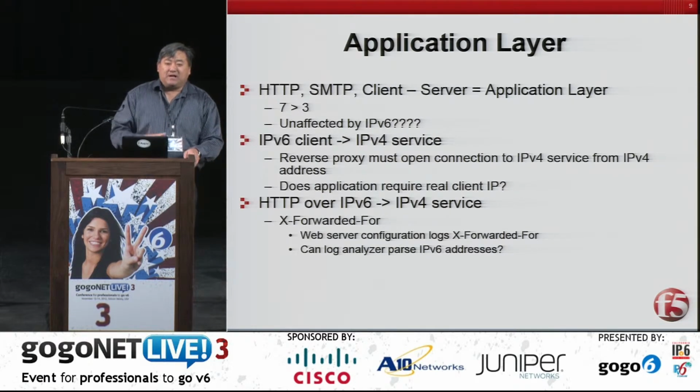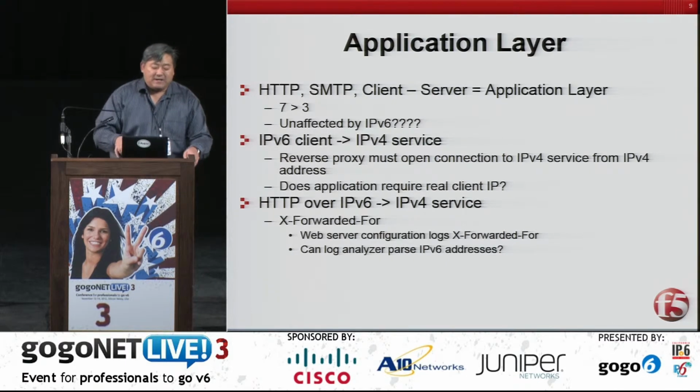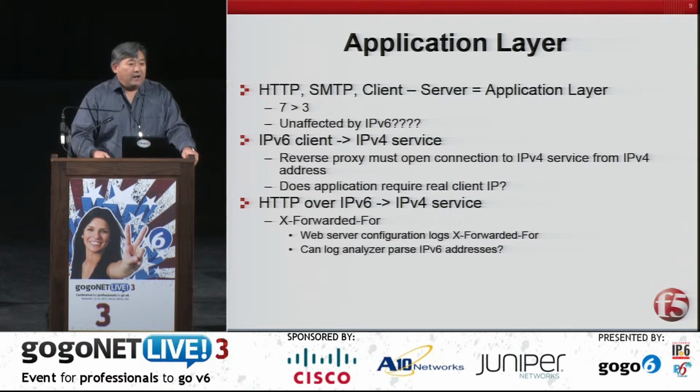If the reverse proxy is opening up a connection to your IPv4 servers and it's presenting a non-IPv4 address, those servers have no way of sending back the data. So what does that mean? It means that your app servers are now seeing the IPv4 address that the reverse proxy created in order to send traffic to it.